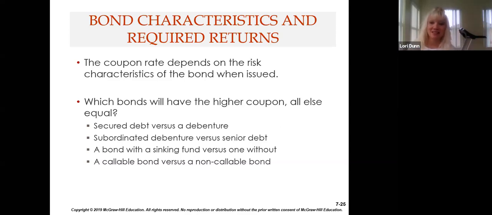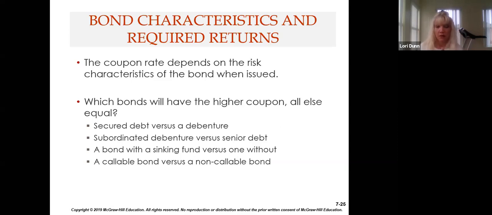A bond with a sinking fund versus one without. So let's talk about what a sinking fund is. A sinking fund is a requirement in the bond contract that the corporation create a savings account, basically, and save the money to pay off the bond over time. They're required to do it, and it's part of the contract.